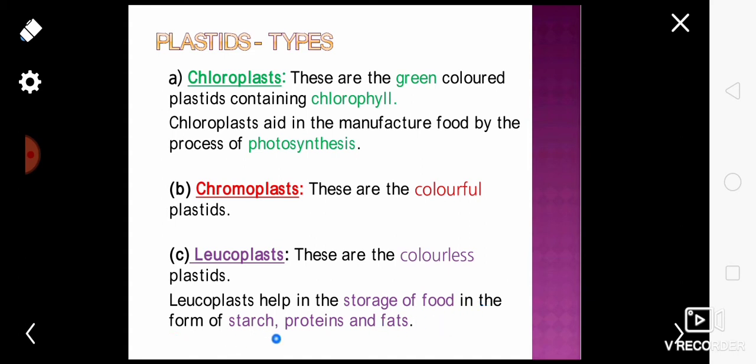They are storing starch, proteins and fats. So there are three types of plastids. Chloroplast helps for photosynthesis and its pigment is chlorophyll, chromoplasts are the colorful plastids, and leucoplasts help for the storage of proteins, starch and fats.